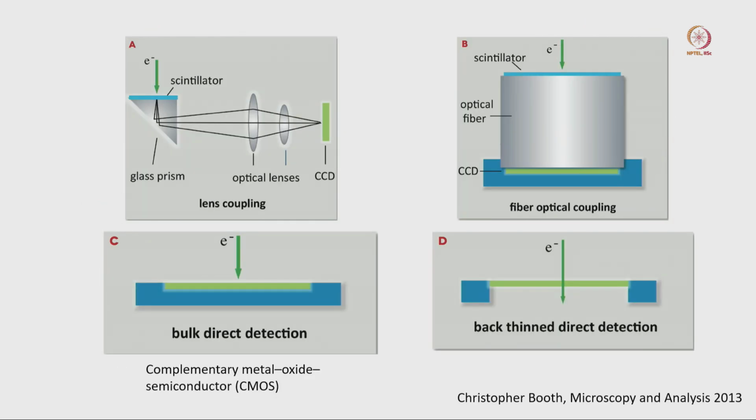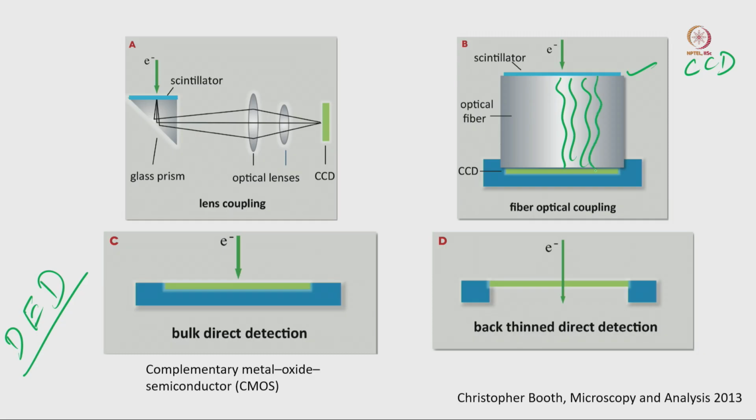Now, this is the difference we can see between a charge coupled device, the CCD camera, and the direct electron detector. In the charge coupled device, as we discussed already, there is a scintillator; the electron interacts with the scintillator, which converts it to photons that travel through this optical fiber, and then there is a sensor, and from the sensor the recording is transferred and we get an image.